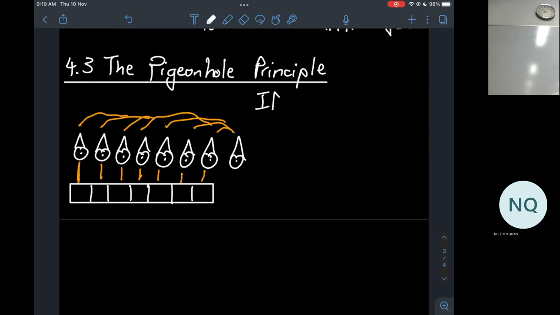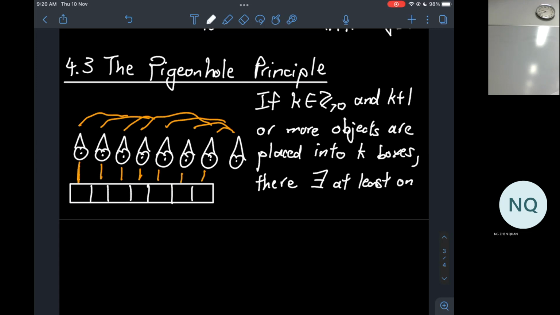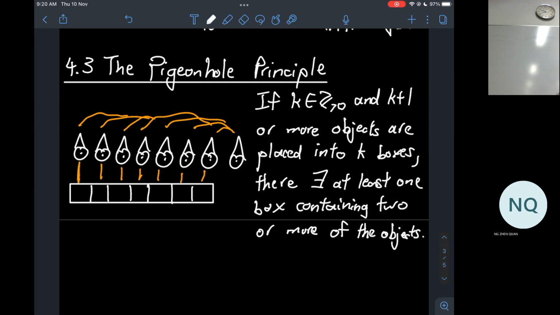If you have a positive integer k and k plus 1 or more objects placed into k boxes, then there exists at least one box containing 2 or more of the objects. This is the pigeonhole principle.